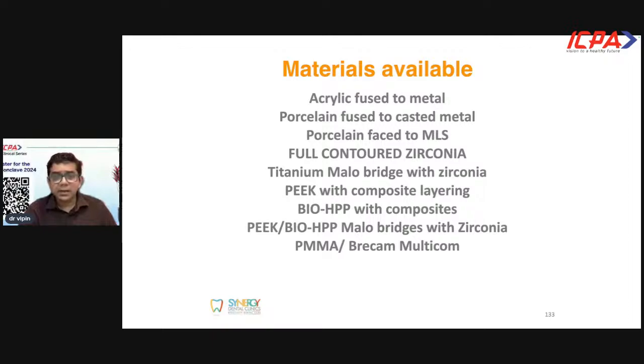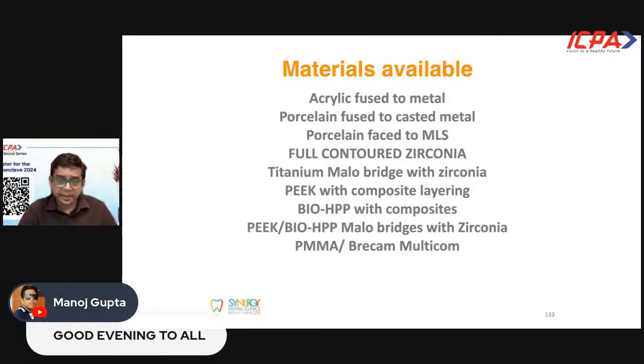Then once zirconia and all these materials became prominent, I and the world have shifted completely to newer materials like full contoured zirconia, titanium framework with zirconia crowns onto it, PEEK with composite layering, Bio HPP with composite layering.